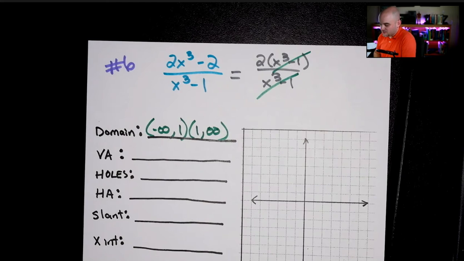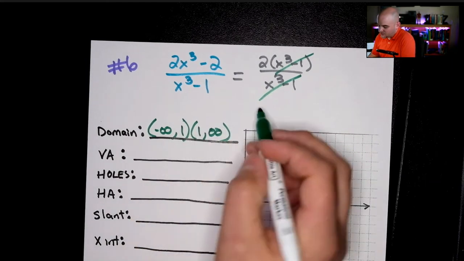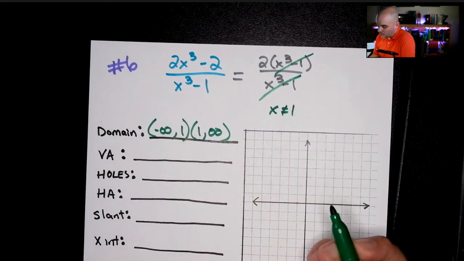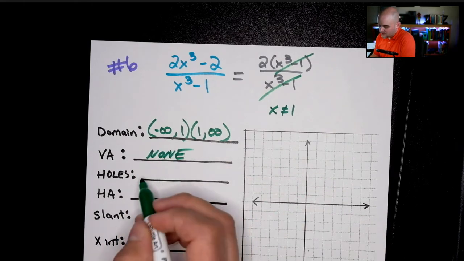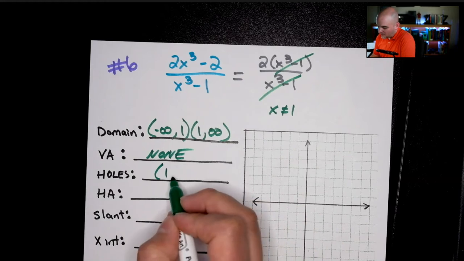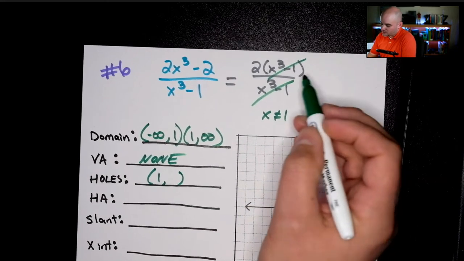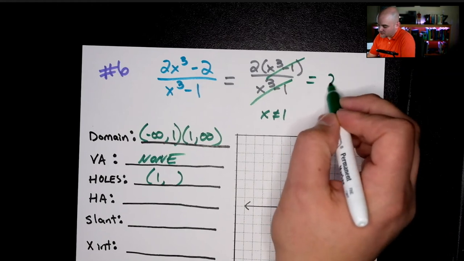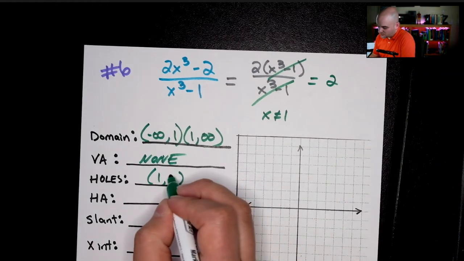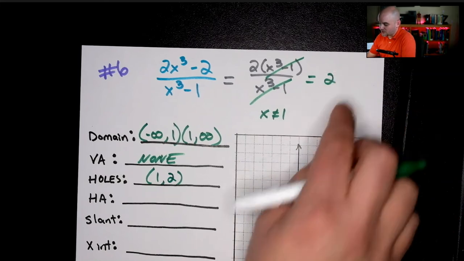Because these cancel, it tells me that this issue where x cannot equal 1 is not a vertical asymptote. So I have none there. I do have a hole, though, at 1 comma something. What is that something? Because these two right here canceled, I'm left with just 2. So this hole should be at 1 comma 2. There's nowhere I can plug in the x.